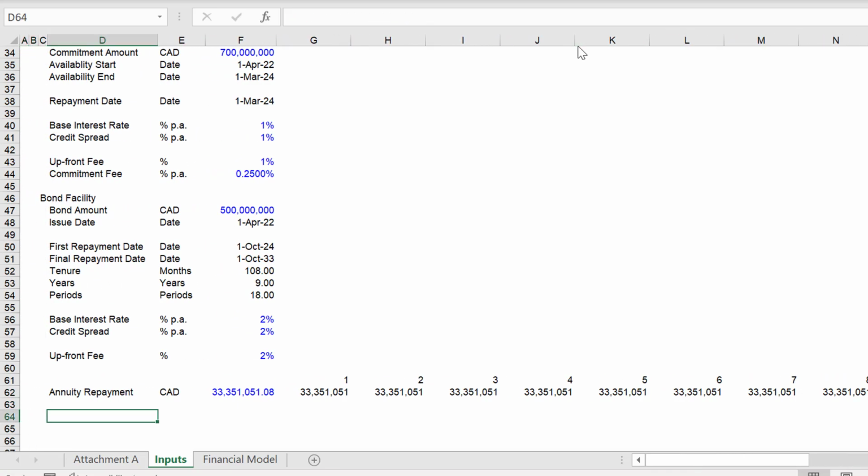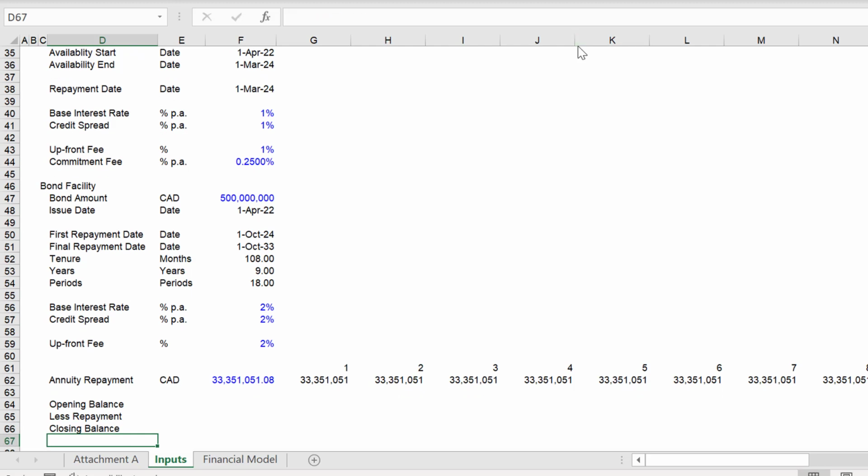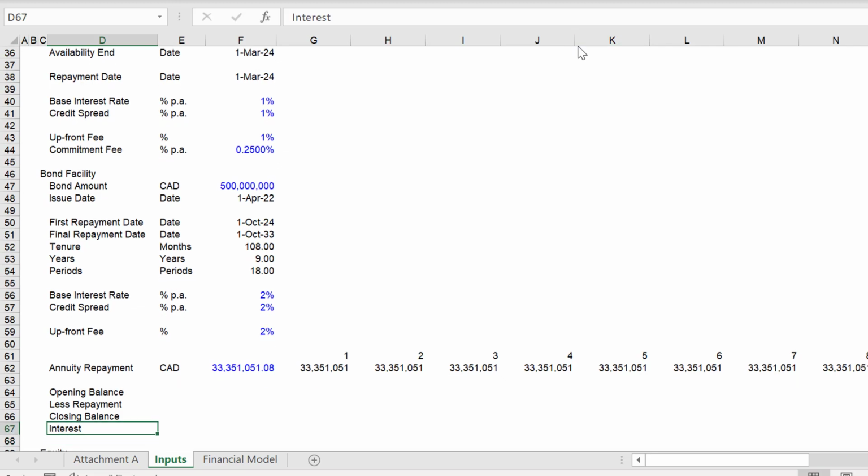And then if we put our balance, we'll put an opening balance, and then less the repayment and the closing balance. So there's a lot here to really do this correctly, and it's kind of shocking that they would really expect this.